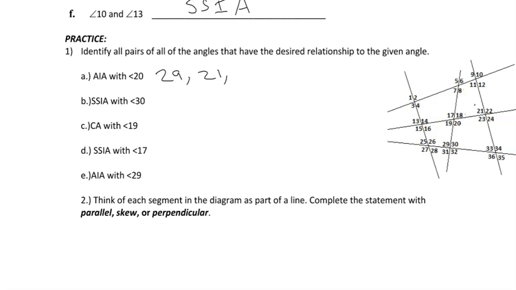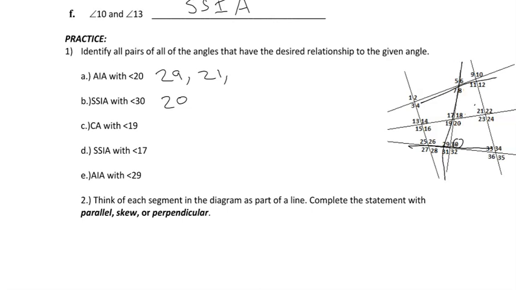So let's take a look. SSIA with 30. If this was my line and this was my line and that was my transversal, this is the interior. What angle would be an SSIA with 30? 20. What about if this was my line and that was my line and here was the transversal?